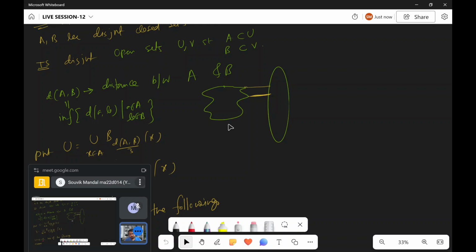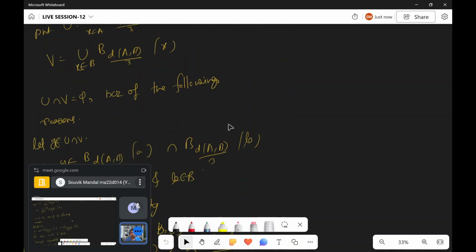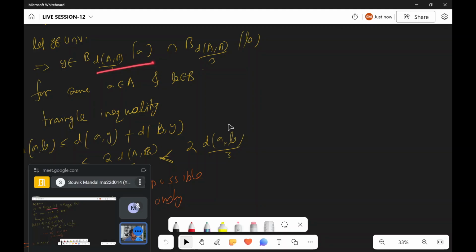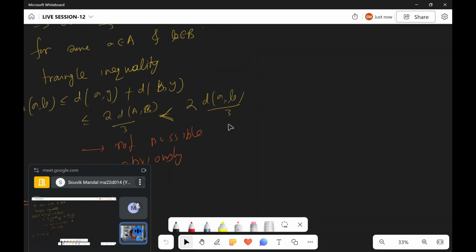Why must U intersection V be empty? Because if y belongs to U intersection V, then y belongs to the ball of radius d(A,B)/3 around a and around b, for some a in A and b in B. Now by the triangle inequality, d(a,b) is less than or equal to d(a,y) plus d(b,y), which is less than 2 times d(A,B)/3.